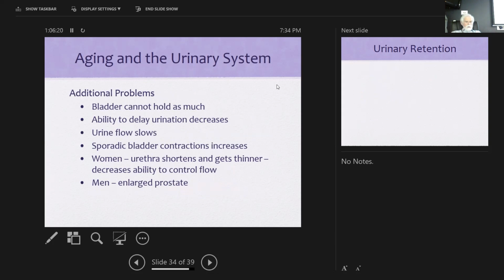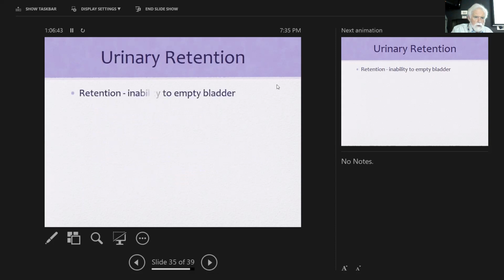The pressure can change. And so all of these things can influence the urinary system as part of our aging. And of course, we talked about enlarged prostates in men. And women, their urethra begins to shorten as well.